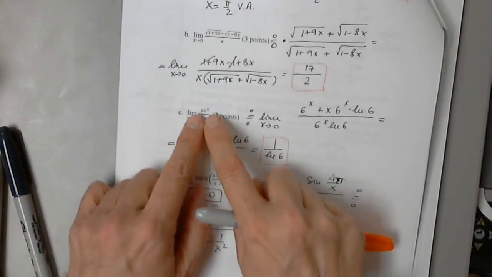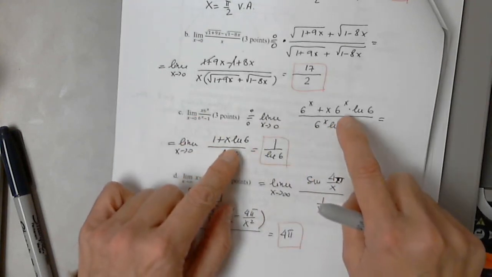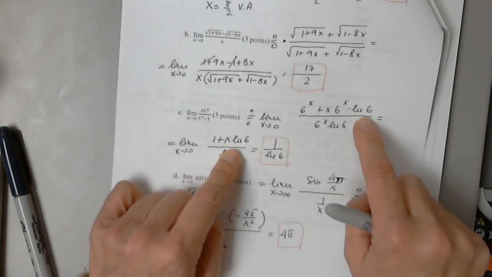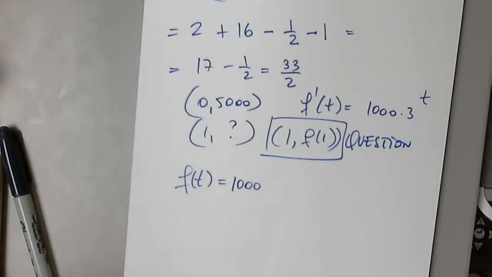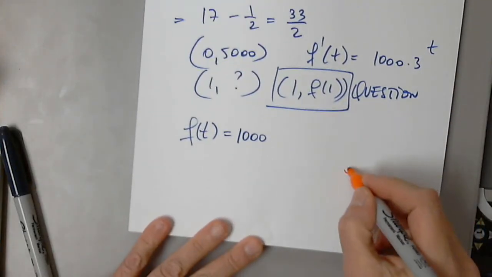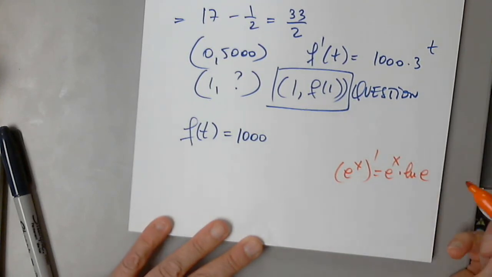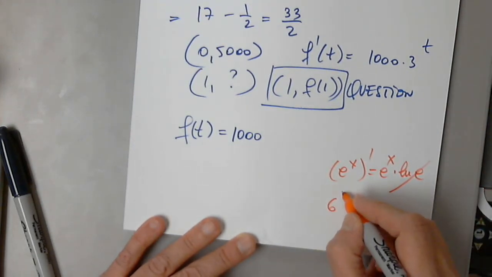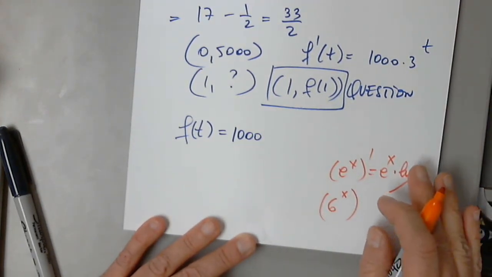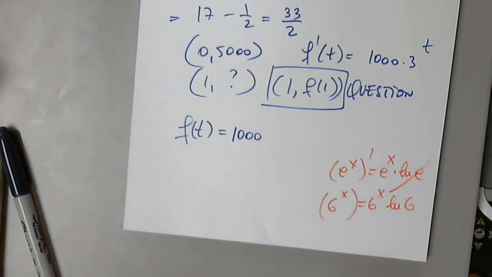When we differentiate 6 to the x, we get 6 to the x times natural log 6. We talked about that. Let's talk about it again. So if I differentiate e to x, I should write e to x times natural log e. How come I don't write natural log e? Exactly, because it's 1. So when I differentiate 6 to x, is the same thing. I have to mimic this. 6 to x times natural log 6.